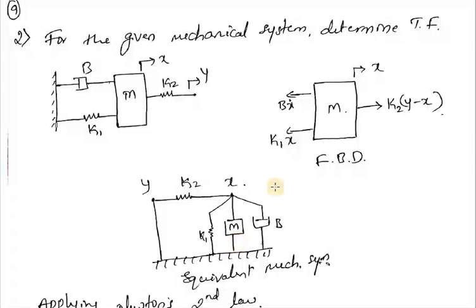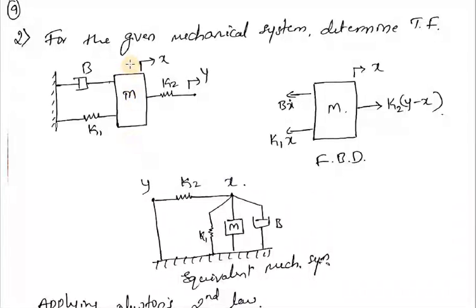Now, this is the given problem, we'll try to draw the free body diagram. For mass m, we are going to draw the free body diagram. Again here, displacement is applied at this free end. And m is connected to spring K2, a damper B, and spring K1.